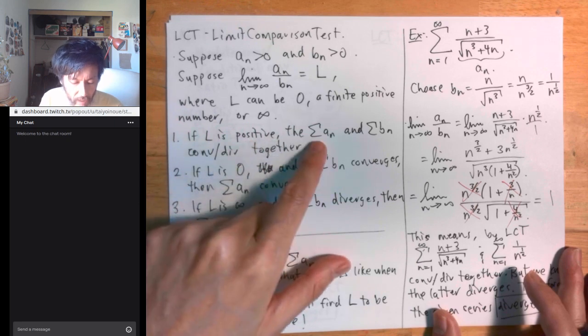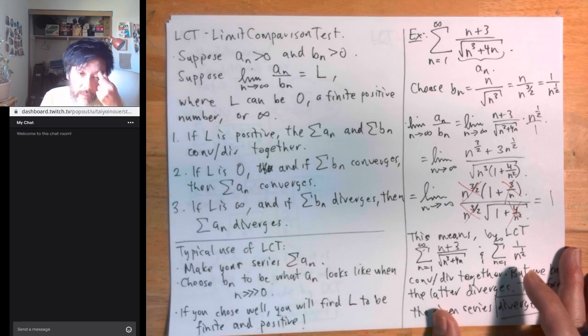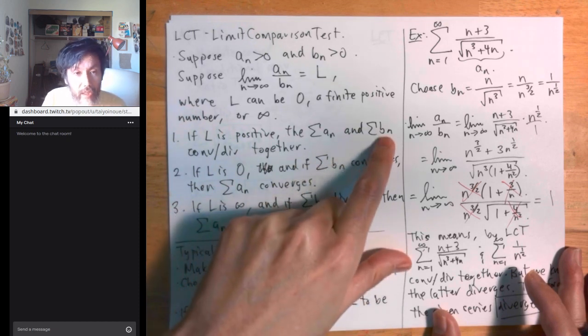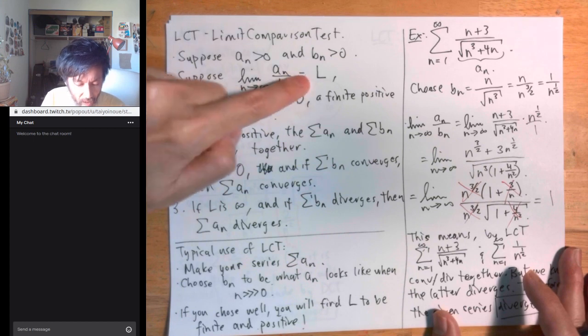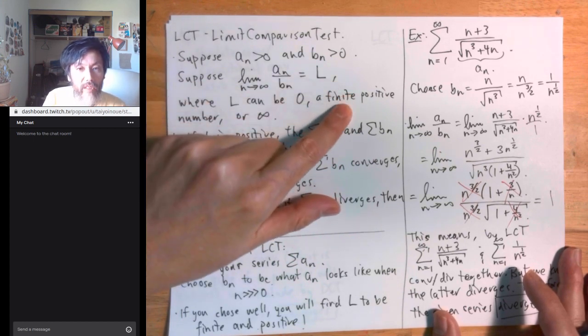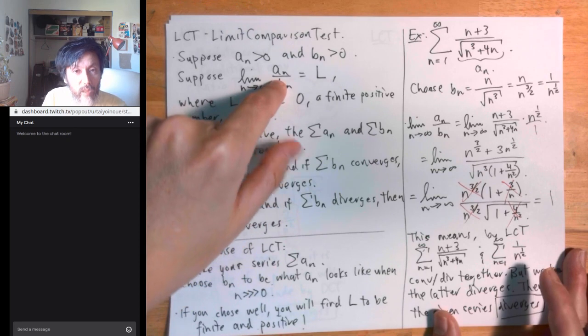If L is positive, then the sum of a sub n and the sum of b sub n converge or diverge together. The way that you'll choose b sub n, with the goal of trying to get L to look like this finite positive quantity, is to think about what a sub n looks like when n is very, very large.